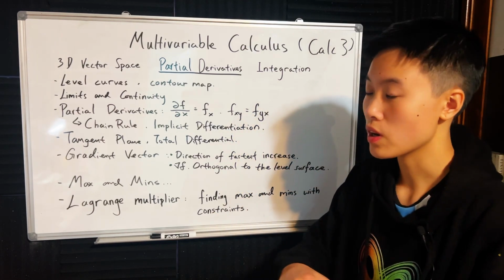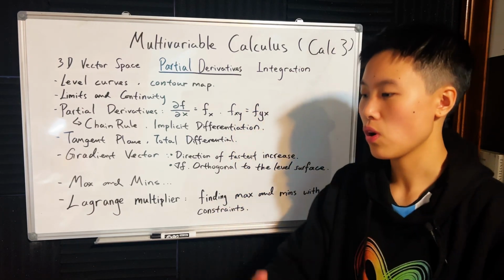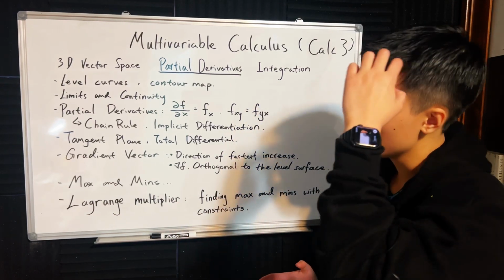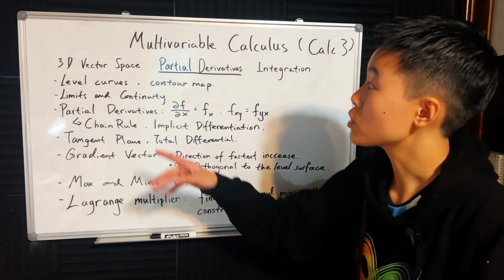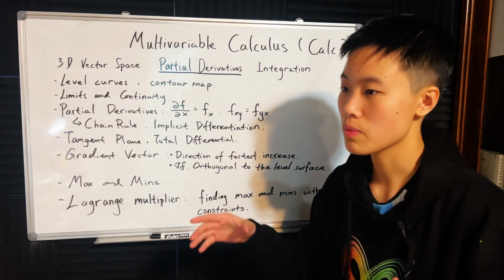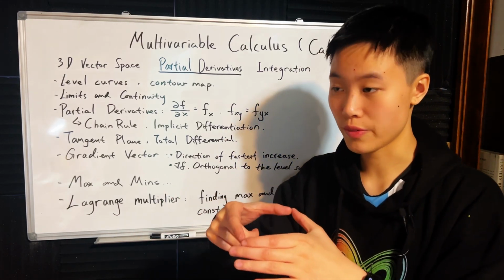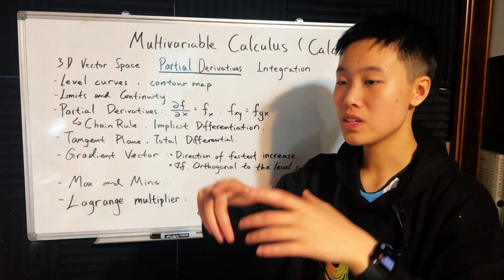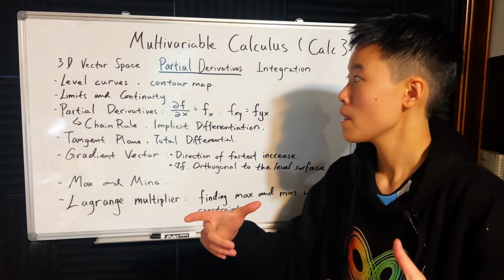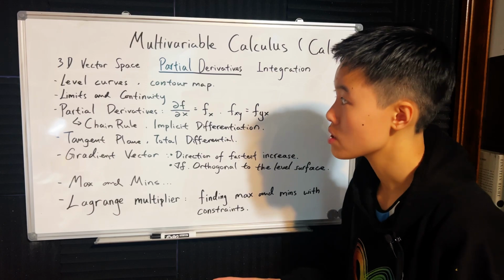You can draw out the contour map and see where it has the maximum or minimum, or where it's tall, low, and everything like that in 2D. And level curves are just specific curves within that contour map. So a contour map will have a lot of curves. This is a level, this is a level, this is a level. Each of these levels is a level curve, and a contour map is a collection of all those level curves.